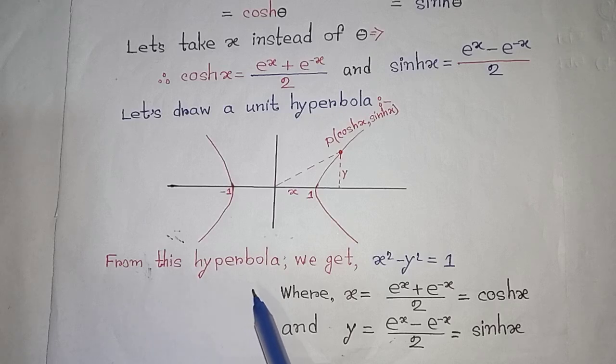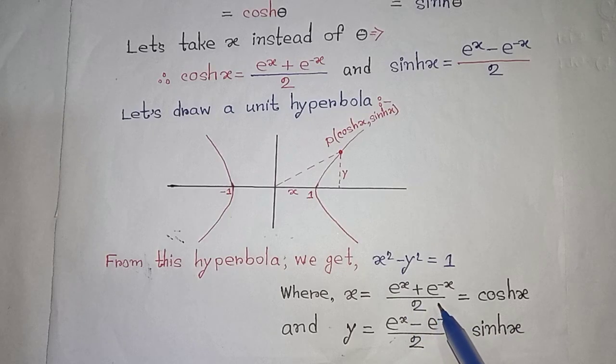From this hyperbola, we get x square minus y square is equal to 1, where x is equal to e to the power x plus e to the power minus x by 2, which is cos hyperbolic x, and y is equal to e to the power x minus e to the power minus x by 2, which is sine hyperbolic x.